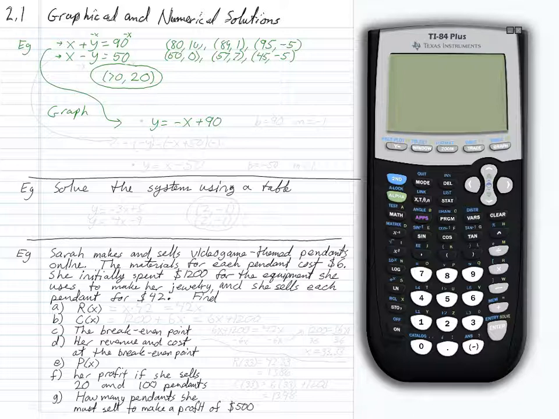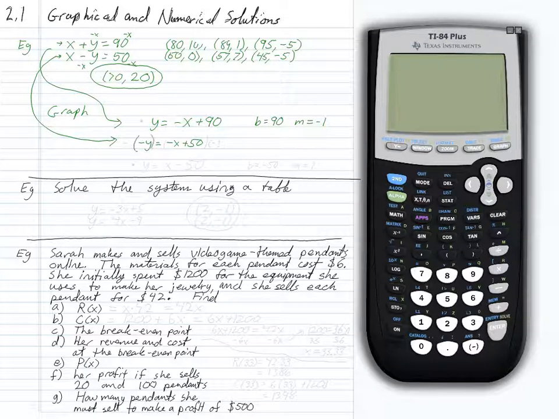So here we have a y-intercept at 90 and a slope of negative 1, that coefficient of x. Our second equation, if I have x minus y equals 50, I could still subtract x from both sides and get negative y equals negative x plus 50. Now I can't enter this as is because this says negative y.